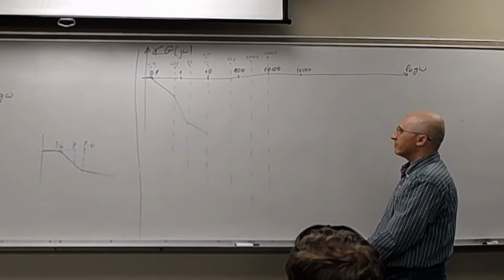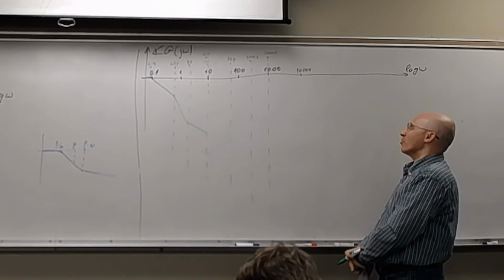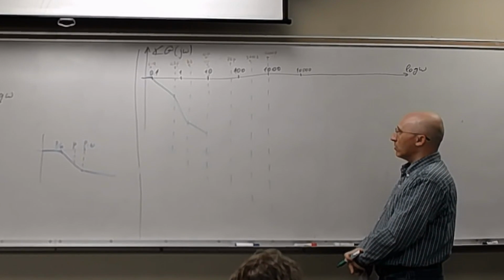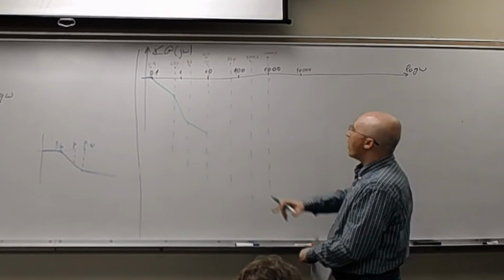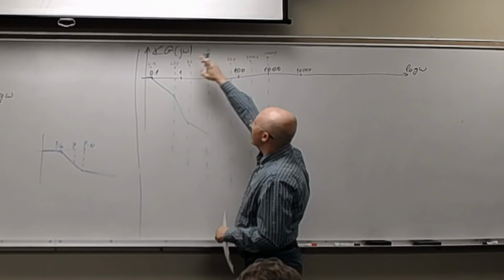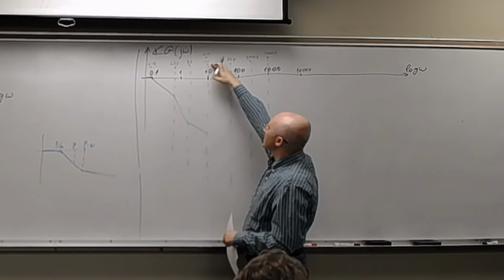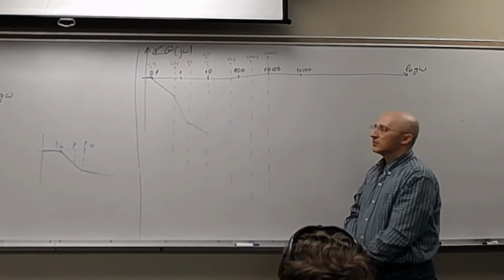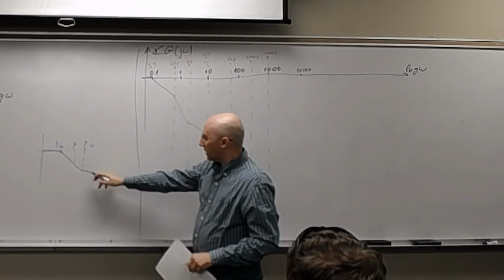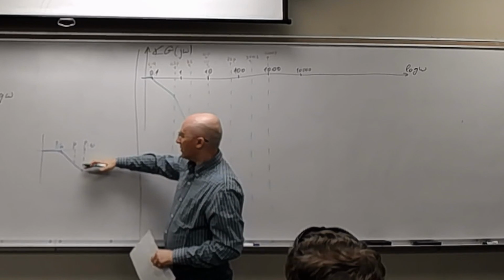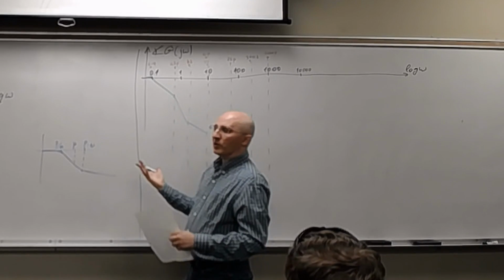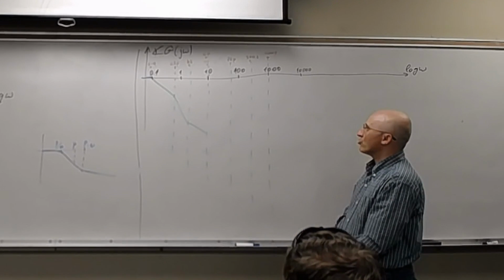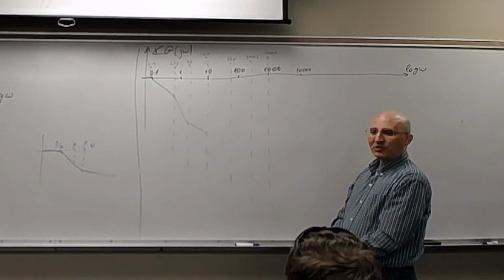Yes, more negative. Okay, and now at 10 you have a double pole, but one is ending, right, and one is just starting. What does it mean? One is going up, and another is going down. What will it do? No change. They will cancel each other.